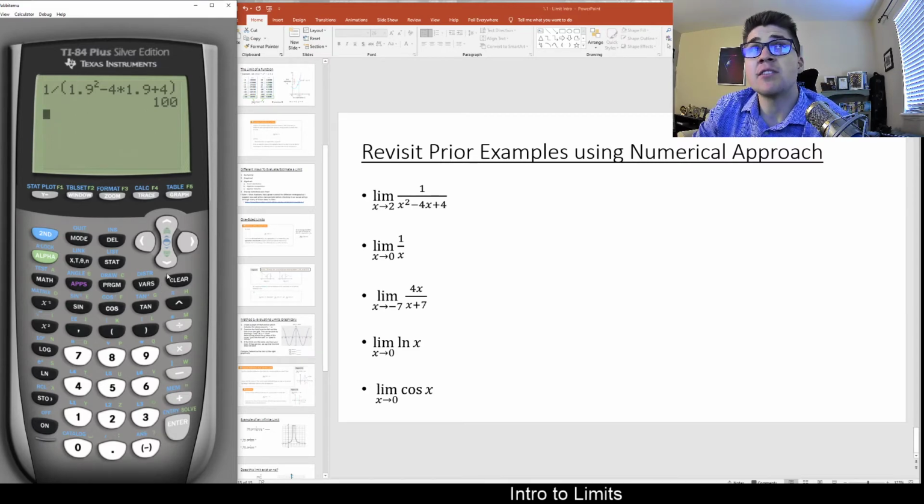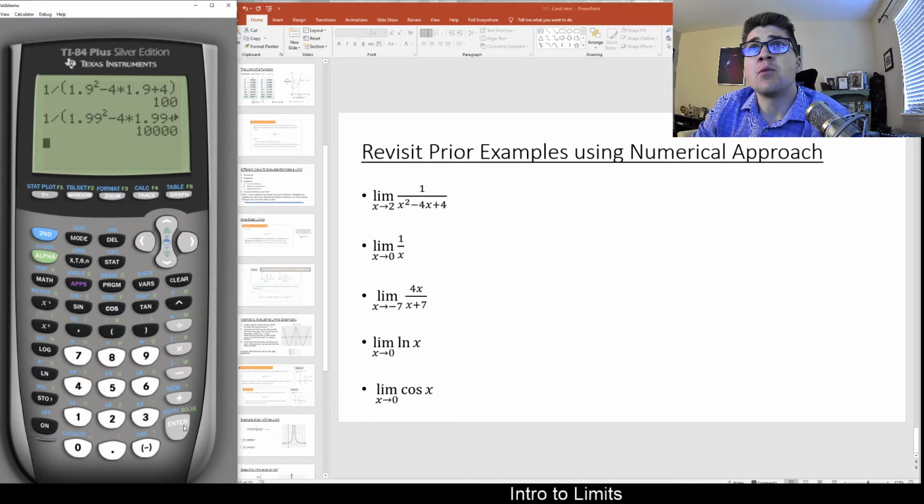I would check at least 3 places to the left of 2 before I was convinced about the left-hand limit. So I might also check, say, 1.99 or 1.999 to see what was happening. Again, this would help me distinguish between whether this is headed towards infinity or towards 100.